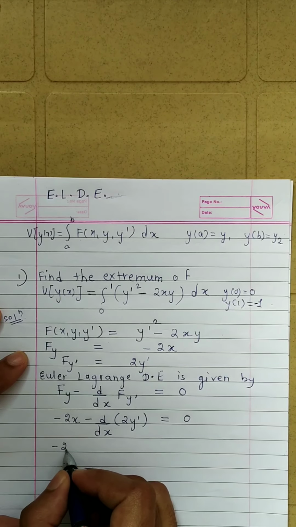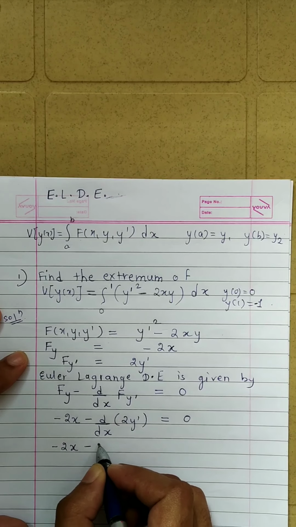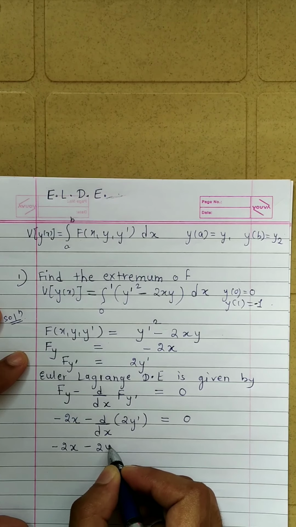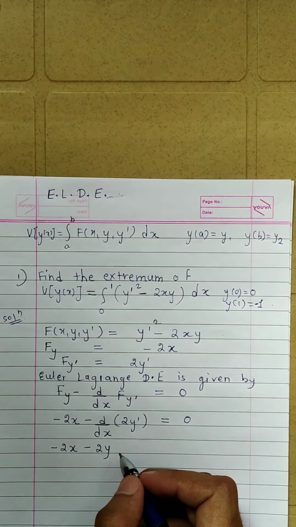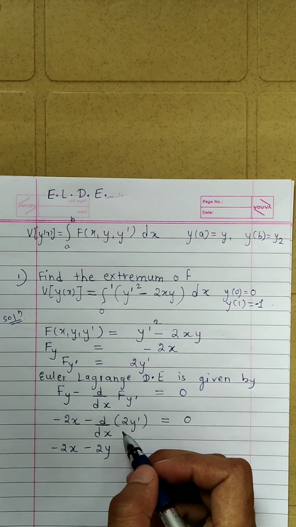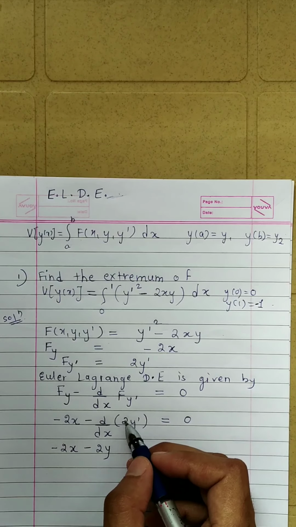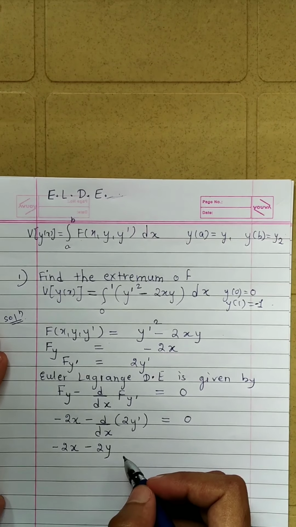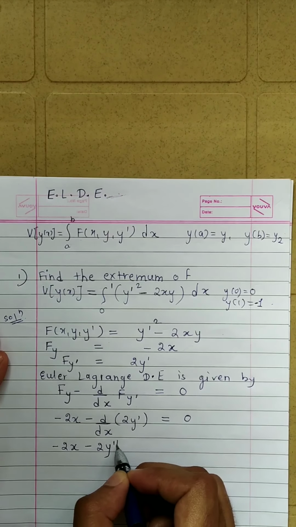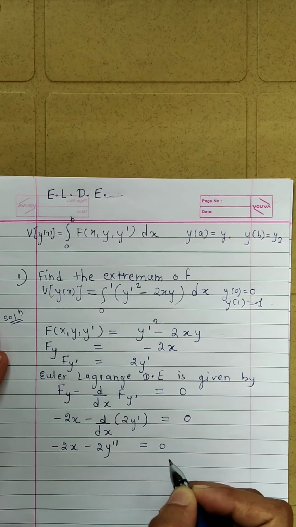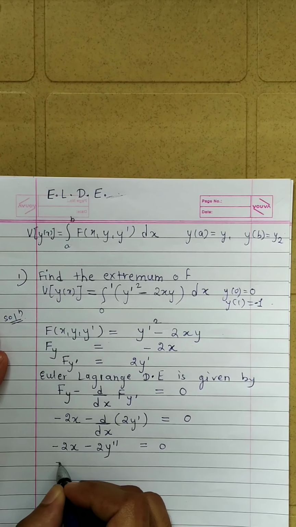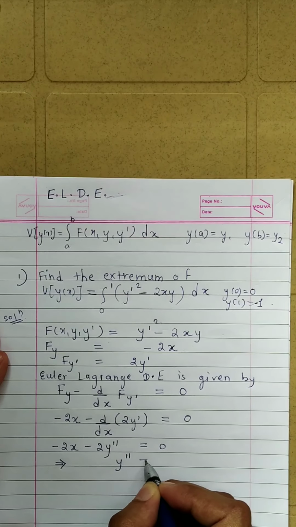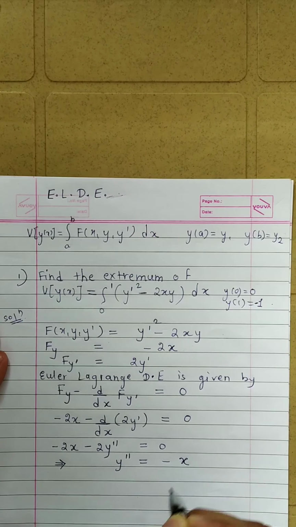So that is minus 2x minus 2y double dash equal to 0, where we differentiate 2y dash with respect to x. So that implies y double dash is equal to minus x.